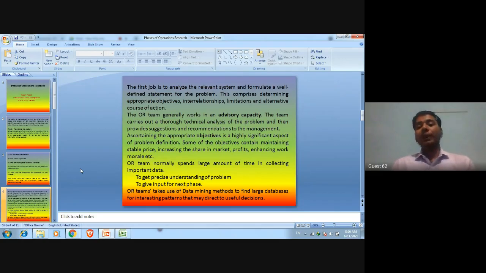When you are stating your problem, you have to mention clearly all the things related to it, such as objectives, interrelationships with other departments, any limitations on the problem, or any alternative course of action.